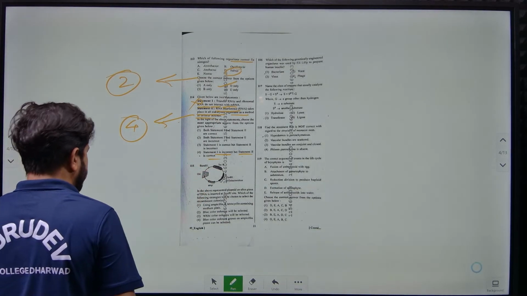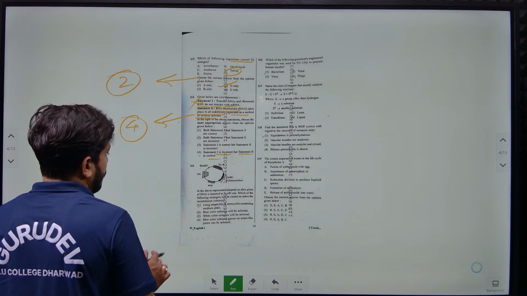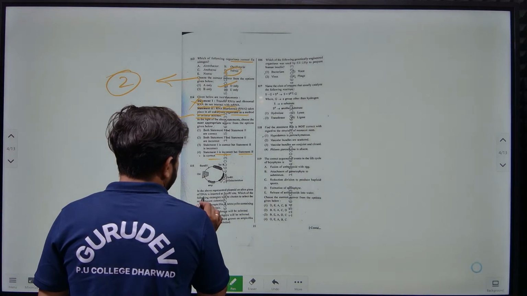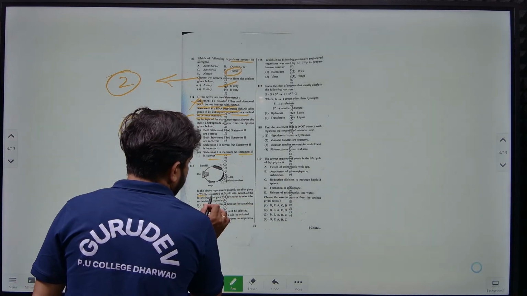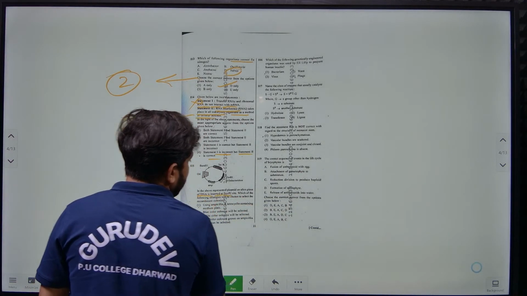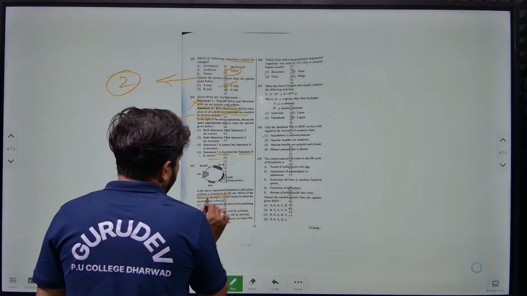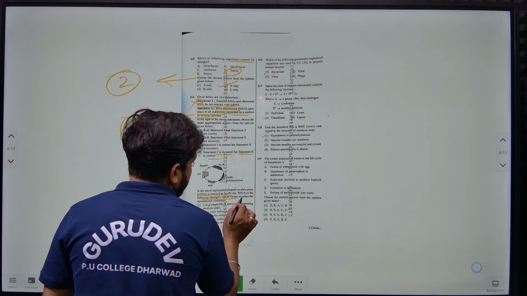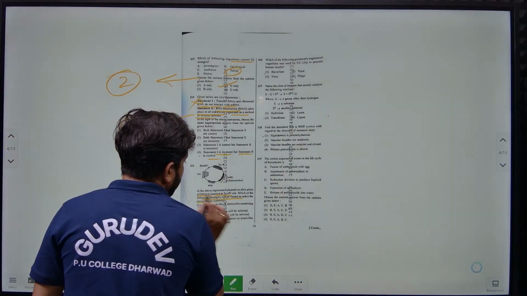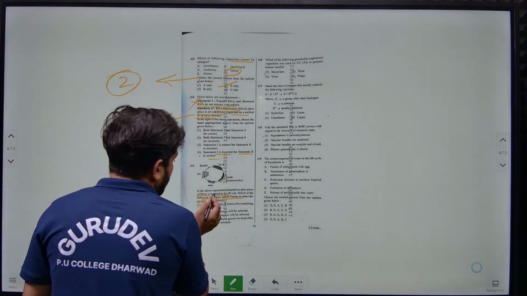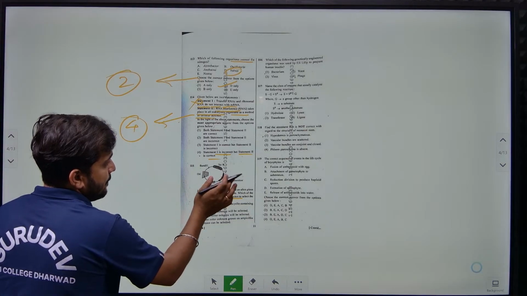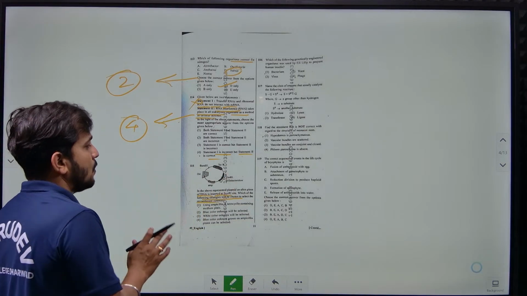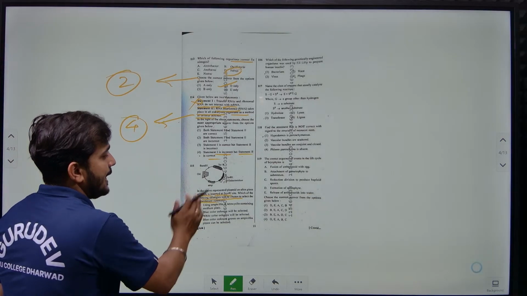Then they have given the plasmid diagram. Based on that, I have to find the answer here. The above represents a plasmid, an alien piece of DNA is inserted at the EcoRI site. Which of the following strategies will you choose to select the recombinant colonies? So at the EcoRI segment, they are going to insert the alien DNA.